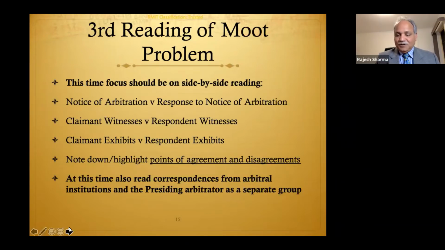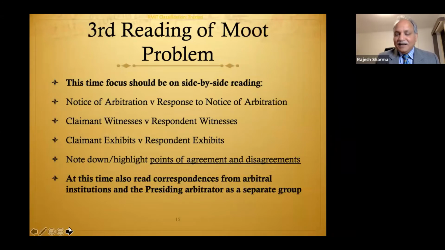So therefore, we suggest that at this stage, you take the notice of arbitration on one side and the response to the notice of arbitration on the other side and read paragraph by paragraph. And when you do that, you will see the agreement or disagreement between the parties.